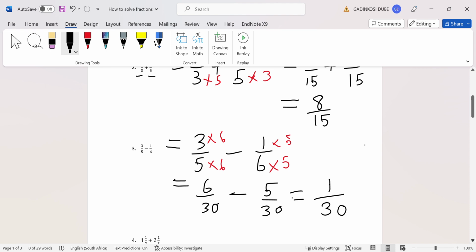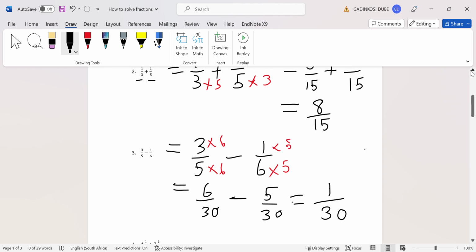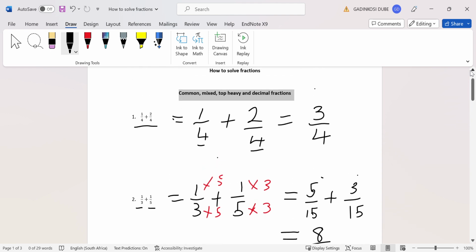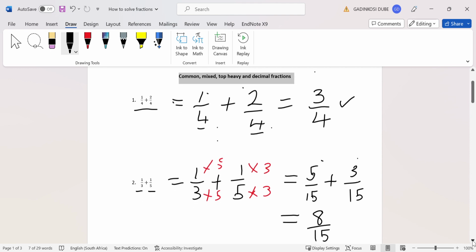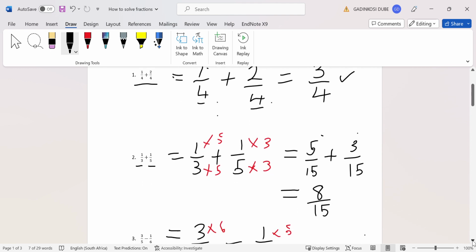And then obviously now you can easily solve the common fractions. Okay, if you look at what we've done from the first one there, first of all we added the numerators, okay, and then the denominator was the same, so we got 3 over 4. But in this case, the second one, the denominators are different, so you make sure that you first make them the same by getting the common multiple.